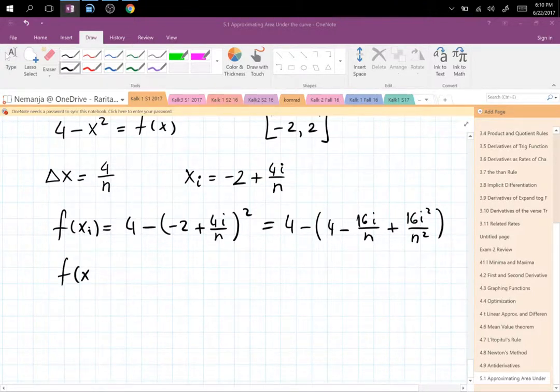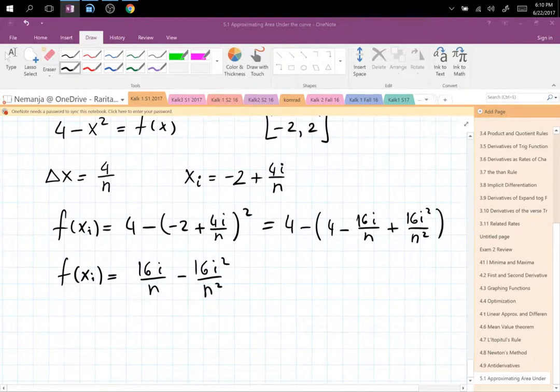So f of xi is negative, oh actually wait, 4 minus 4, that cancels. So I have 16i over n minus 16i squared over n squared. Are we good on this one?